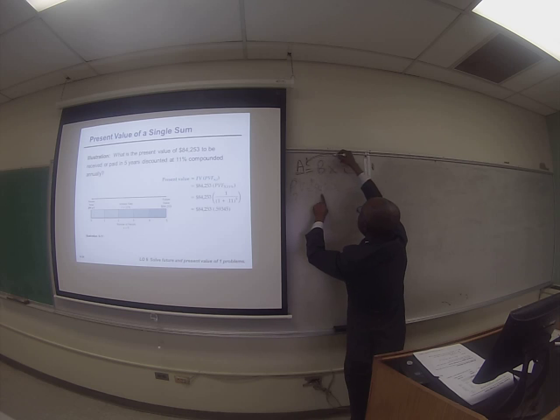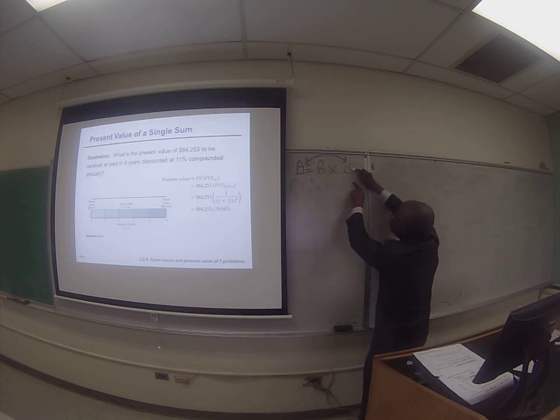So A is present value, B has to be future value. Don't forget now, C has to be the interest factor of A. Since A is present value, C has to be present value interest factor, in this case 11%, and for 5 years.